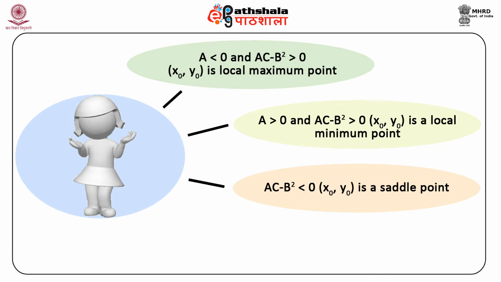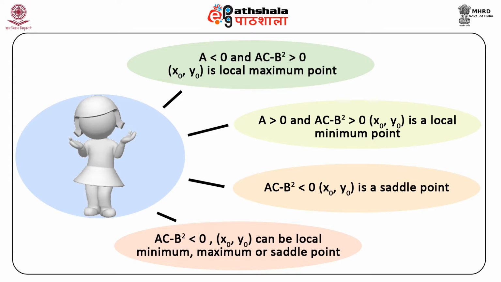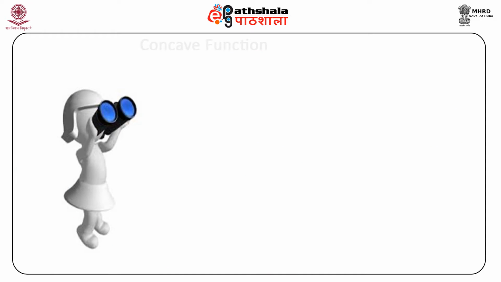If AC minus B square is less than 0, then x0, y0 is a saddle point, and if AC minus B square is equal to 0, then x0, y0 could be a local minimum, a local maximum, or a saddle point. Now we begin with the topic of concave functions.